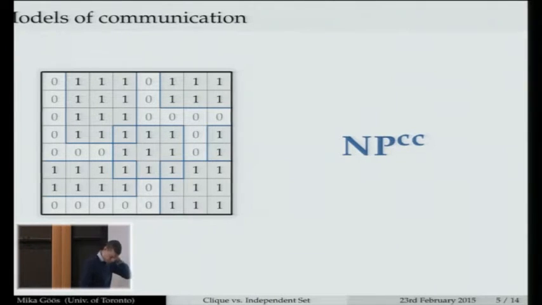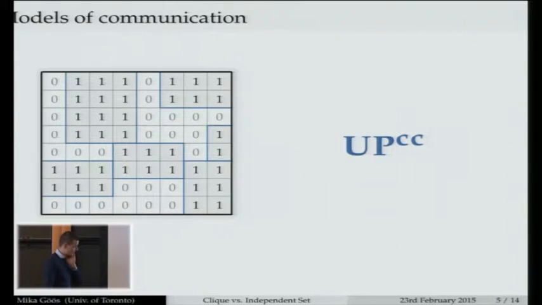So really, for the clique-independent set problem, the picture doesn't look like this, but more like this, in that the proofs are unique or unambiguous. Combinatorially, the rectangles do not overlap. Now, this is a fundamental property of the problem, in that the converse holds.